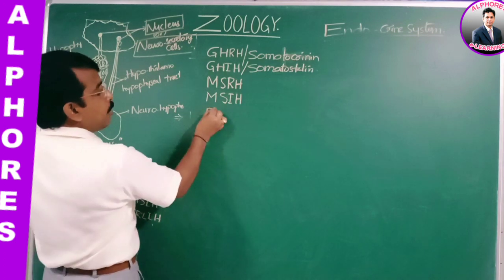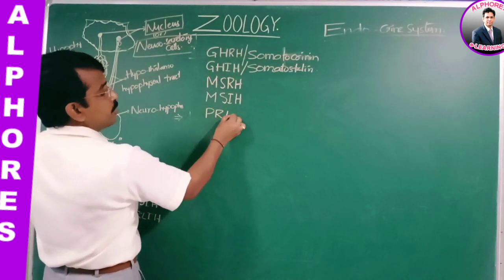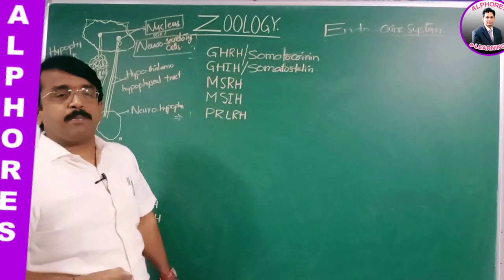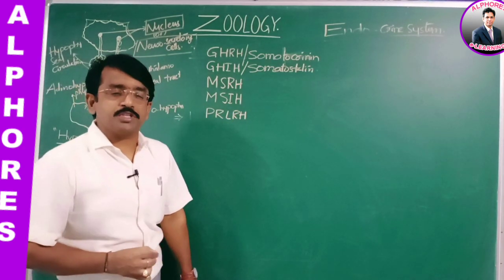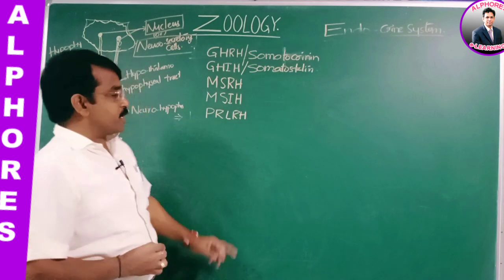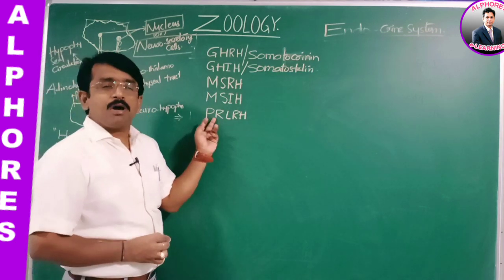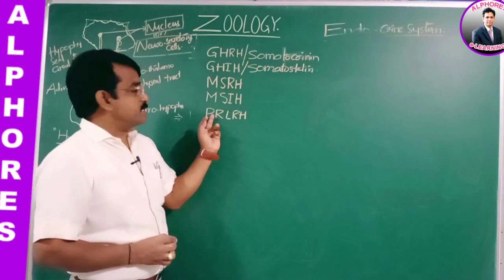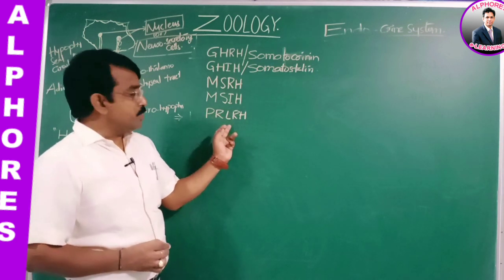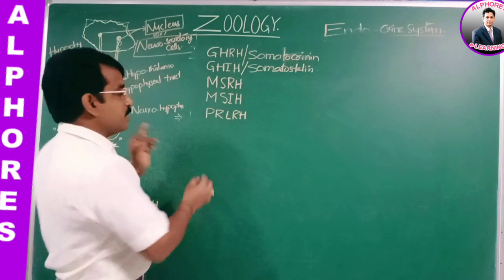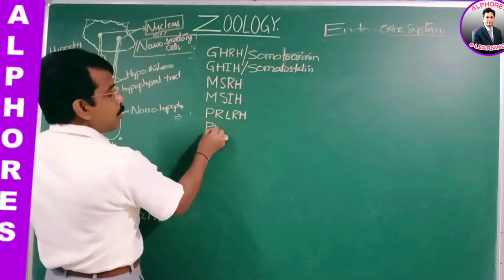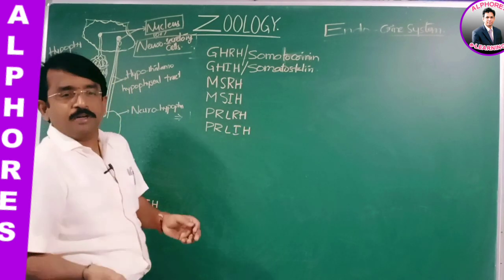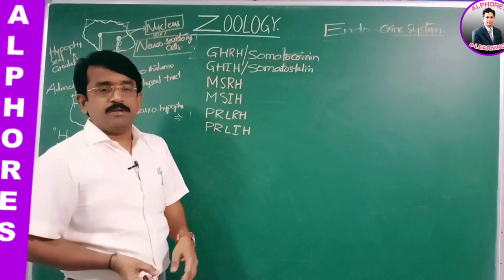Next, prolactin releasing hormone stimulates the release of prolactin. Prolactin is the lactogenic hormone. Milk secretion and synthesis is by prolactin, which is induced by prolactin releasing hormone. In the same manner, prolactin inhibitory hormone inhibits the secretion of prolactin.